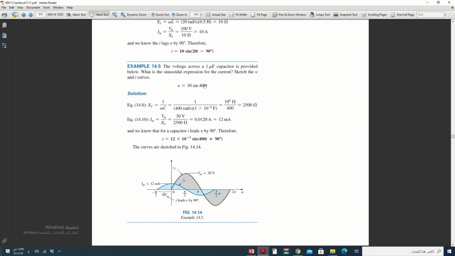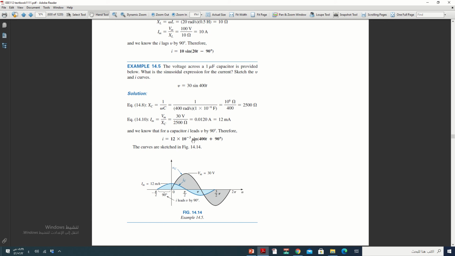Here, how to find XC, sorry, XC is 1 over omega C. We have C as 1 microfarad and omega is 400, apply and you will get 2500 ohm. What about the peak for the current, which is Vm over XC, 30 over 2500, becomes 12 milliampere.